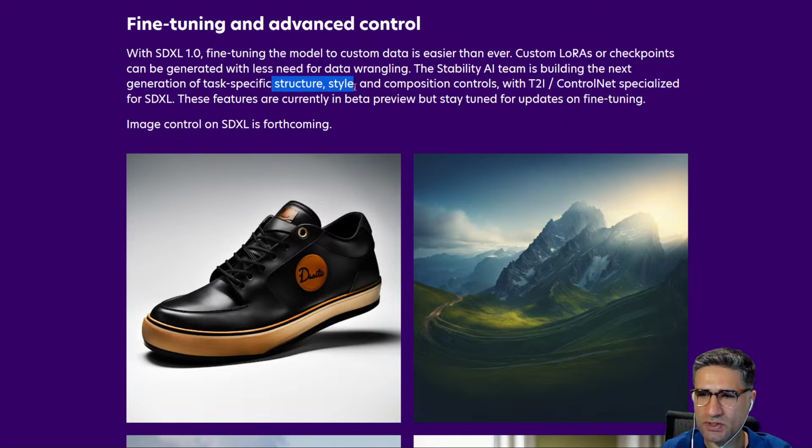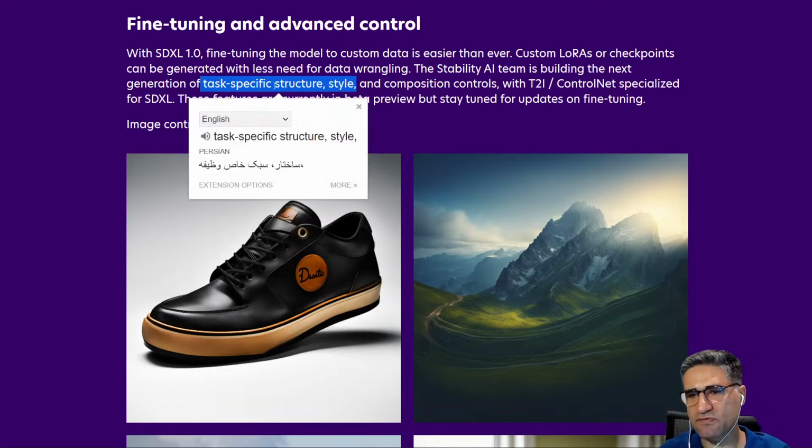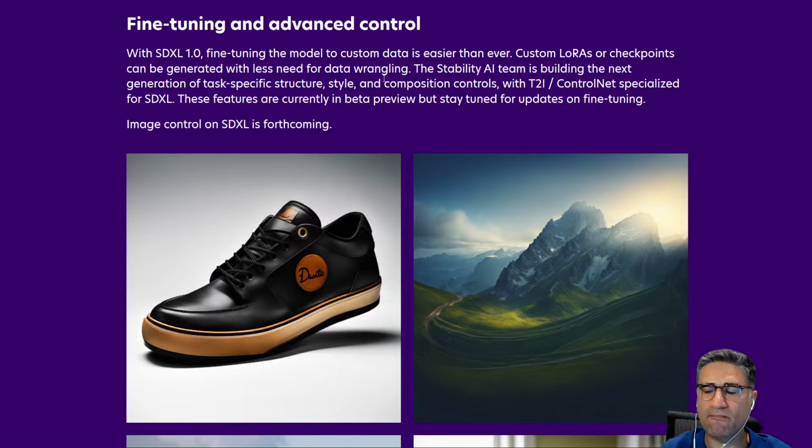And also this part is very interesting for me because they told, I think it's something inside the Stable Diffusion for the structure and style, because previously we had unCLIP version, and they were very powerful to get some understanding from image, and maybe they improved that, but I'm not sure at this moment.